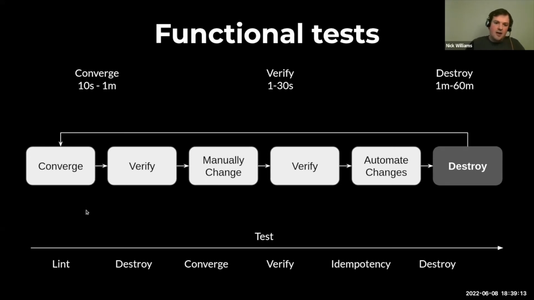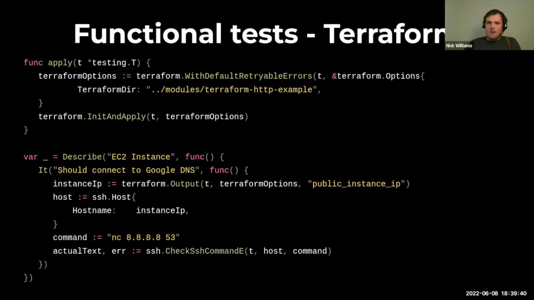I need to start again. Getting into a really tight converge, verify, change, verify loop was key to making this work, right? We got a really nice test harness and a developer experience if we could do that. And over time, I think everyone in the team kind of got used to how you can write your code and the ordering of things that lets that happen. So that's kind of cool.